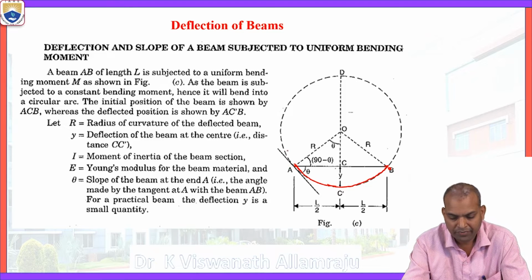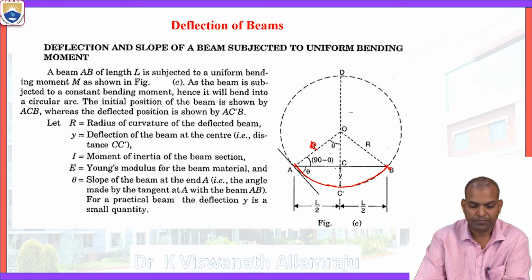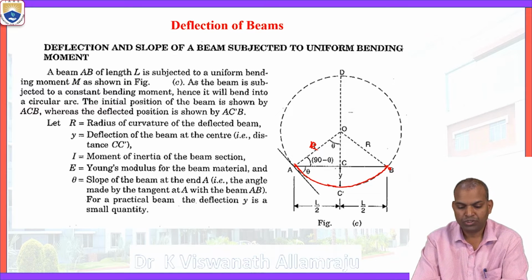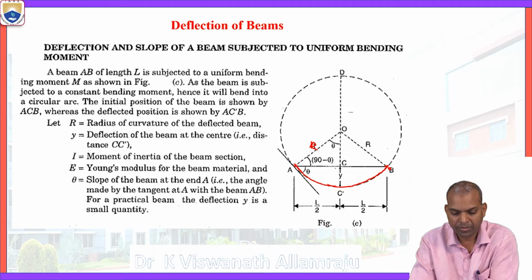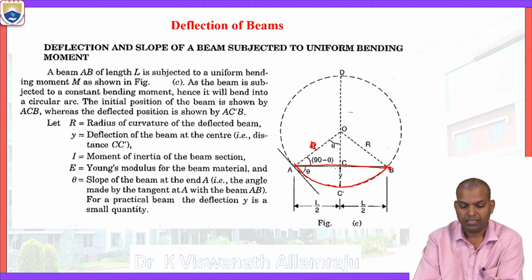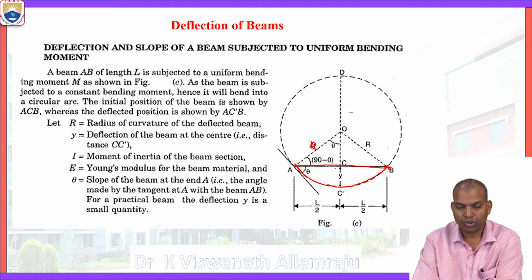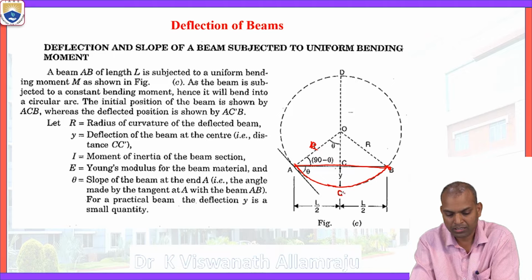R is the radius of curvature of the deflected beam. The initial position of the beam is ACB, and after applying the load at the midpoint, the final position of the beam is AC-dash-B.